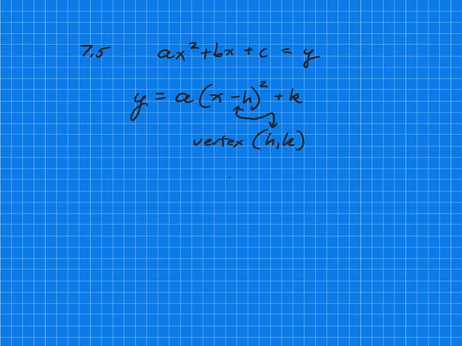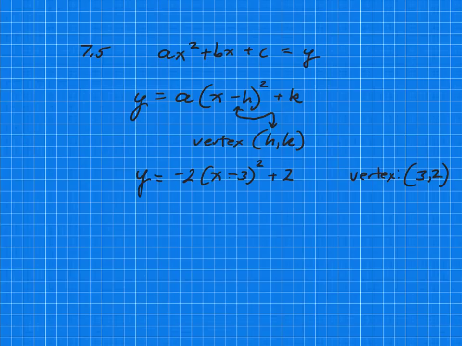So if I have an equation like y equals minus 2 times (x minus 3) squared plus 2, I will have a vertex. Can you guess? 3, 2.